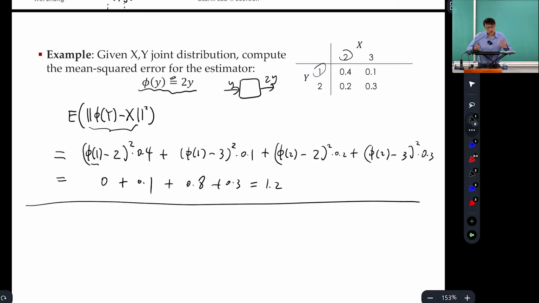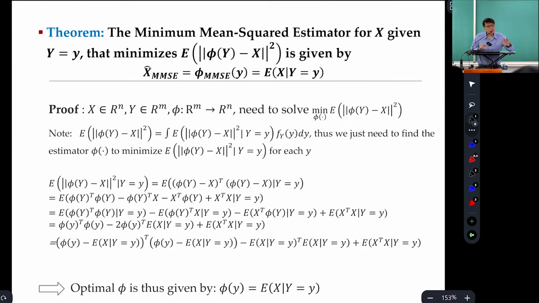So then you should ask, okay, if simply multiplying by 2 may not be the best, what would be the best? The best will be given by a function that minimizes this mean squared error, right? So I can tell you we have an almost analytical formula for the estimator.